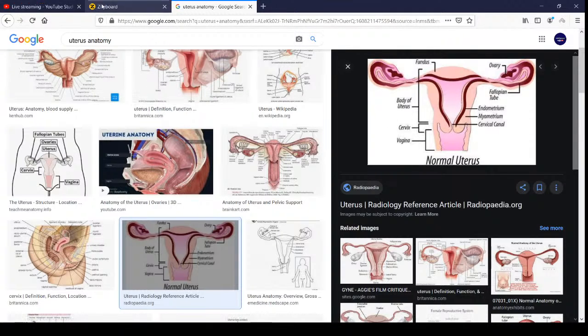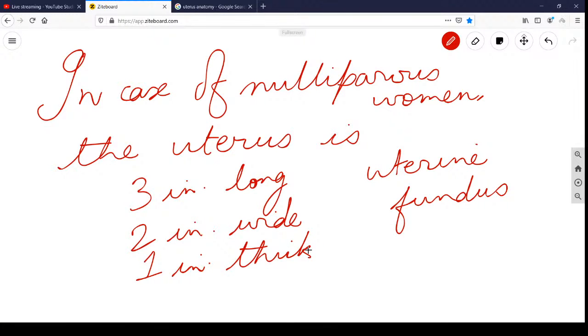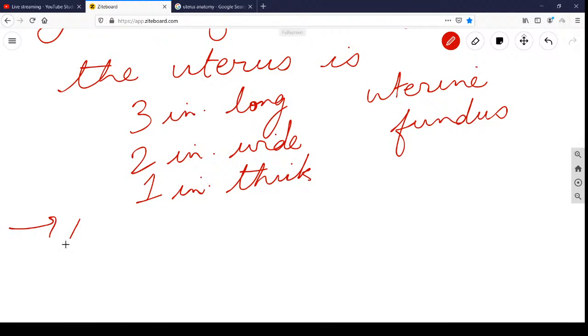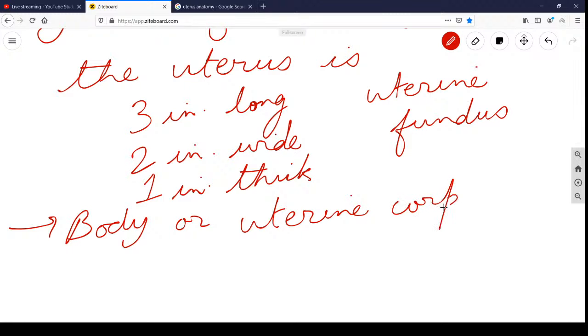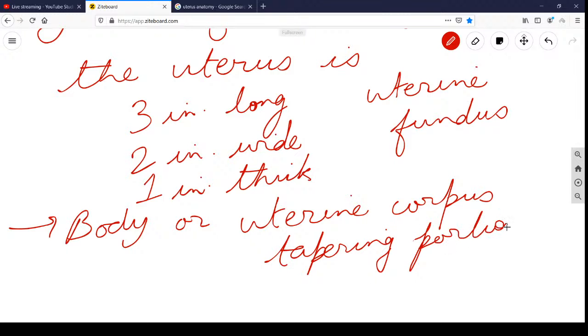So you have the body, or you can call it uterine corpus, which is a tapering portion.